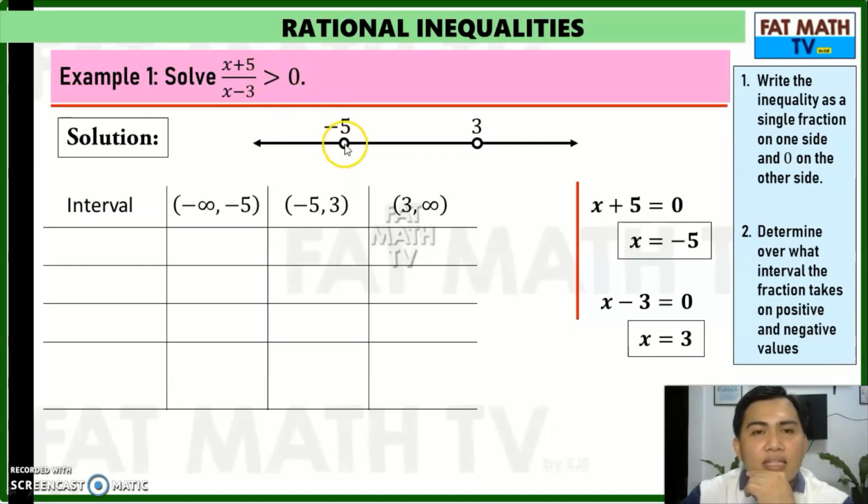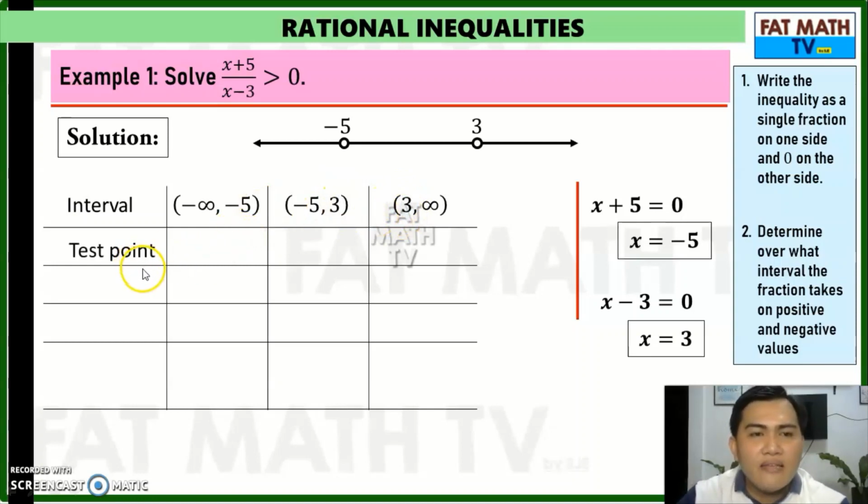If x is -5, the whole fraction becomes 0. Also, 3 is not part of the solution because it makes the fraction undefined. So we use parentheses with -5 and also with 3.